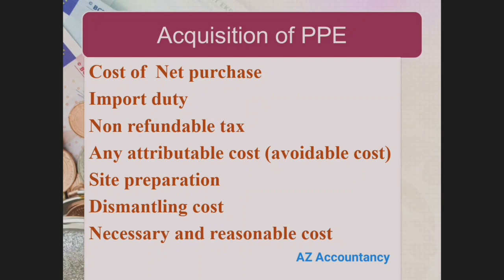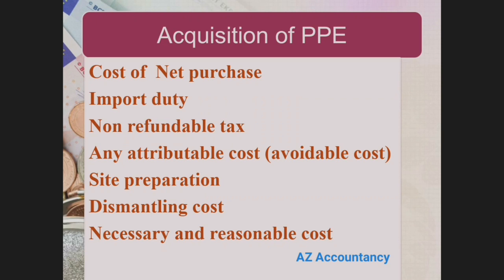Now we will see how to calculate the cost of property plant and equipment. The cost of an item of property plant and equipment shall be recognized as an asset only if it is probable that future economic benefits associated with the item will flow to the entity, and the cost of the item can be measured reliably. An item of property plant equipment that qualifies for recognition as an asset shall be measured at its cost.